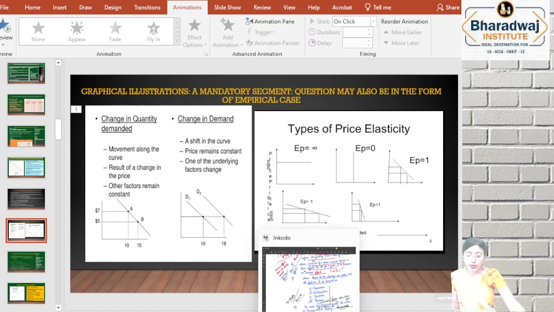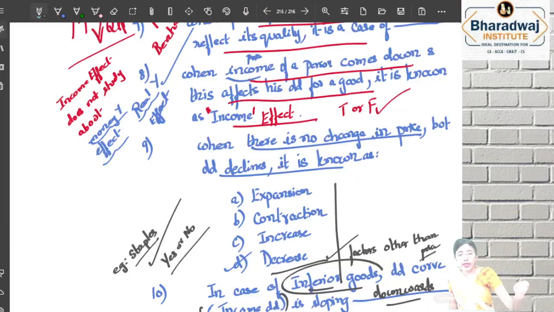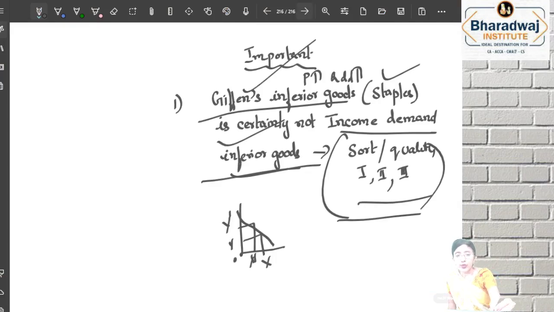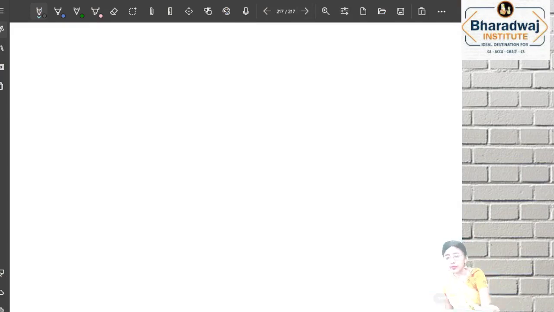Now I will ask you one broad diagram and you answer. It's a graph-based question.